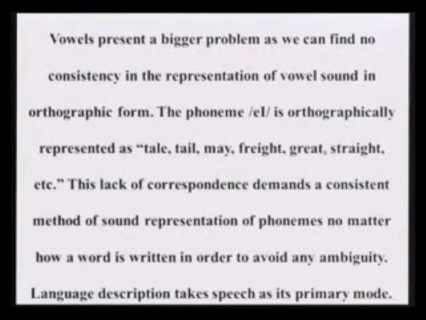The sound of the vowel is represented in this symbol.